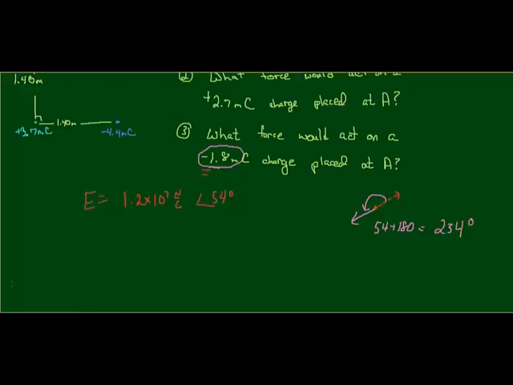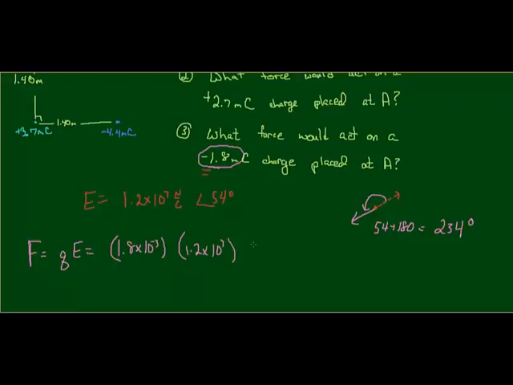So the force then is the moving charge times the field, or 1.8 times 10 to the negative 3 times 1.2 times 10 to the 7th newtons per coulomb times coulombs equals newtons.